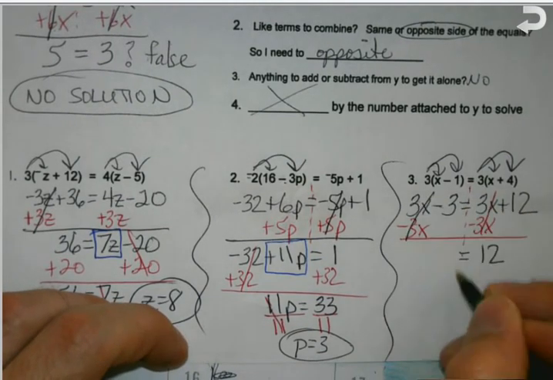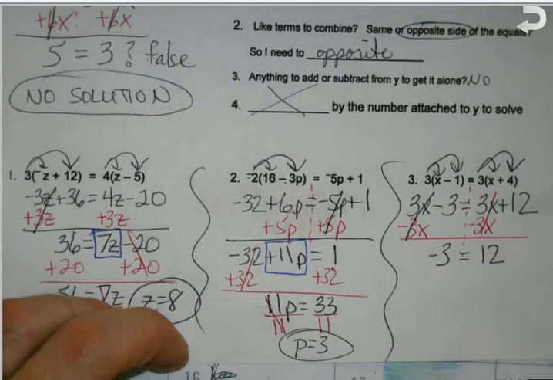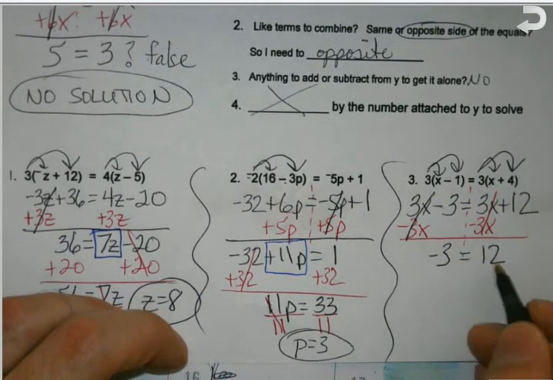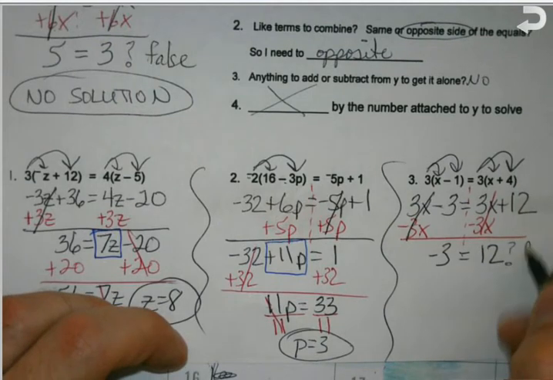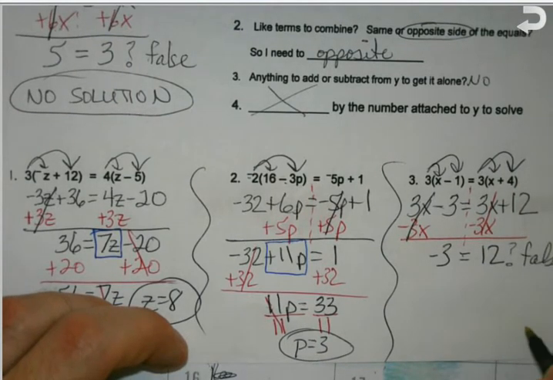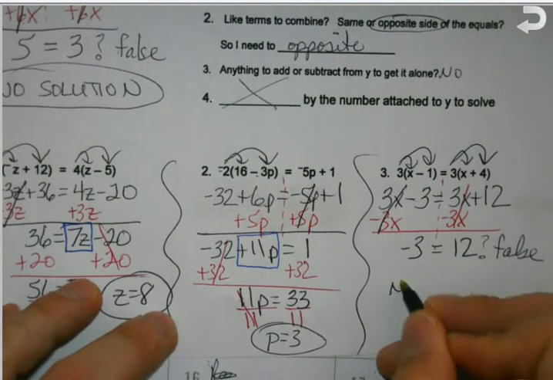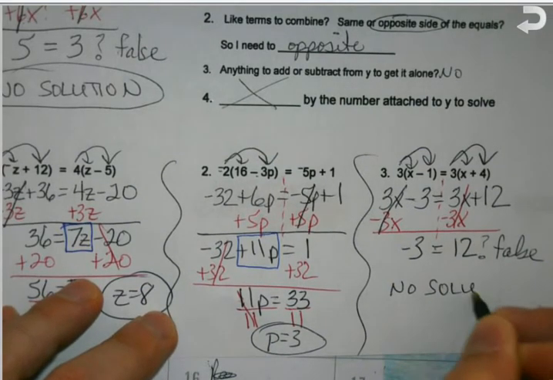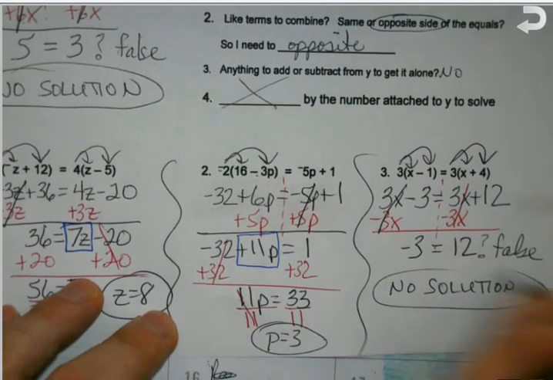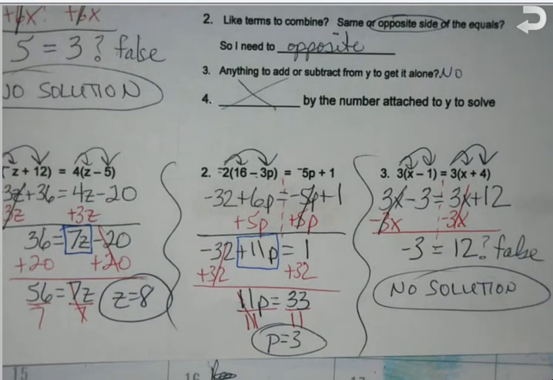But they also cancel here, so it's similar to what we had back in number 2 up above. Are those equal? No. Oops, I'm off the screen. Are those equal? No. So in this case, we have no solution.